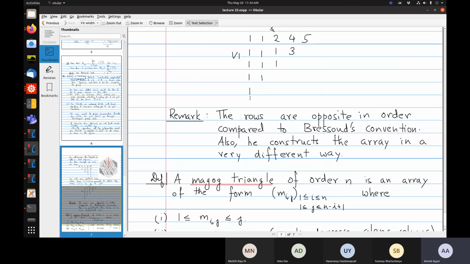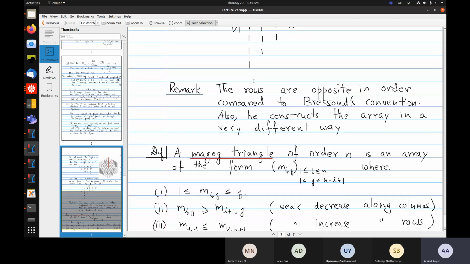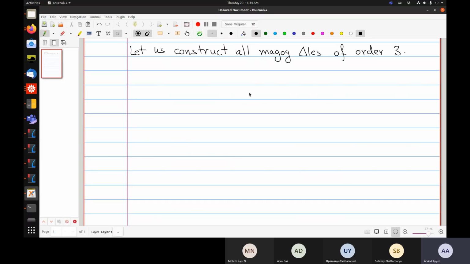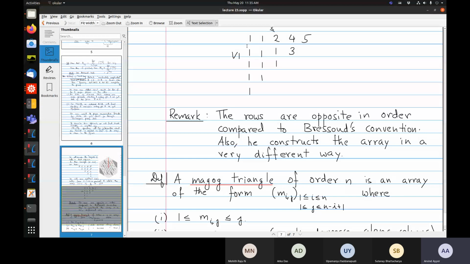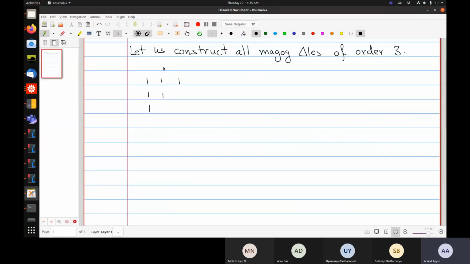As I said last time, the first column is always supposed to be all ones, and so let's start with the simplest one. You can have all ones throughout, right? Because you just want weak increase along rows and weak decrease down columns, and entries in this column should be less than or equal to 2, here should be less than or equal to 3. Okay, the next one is 1, 1, 1, again 1, 1.